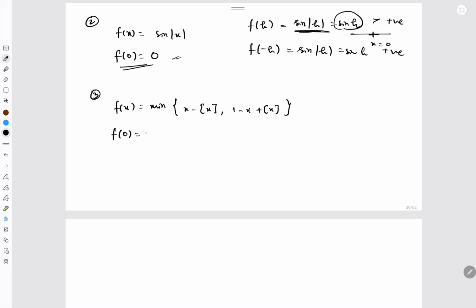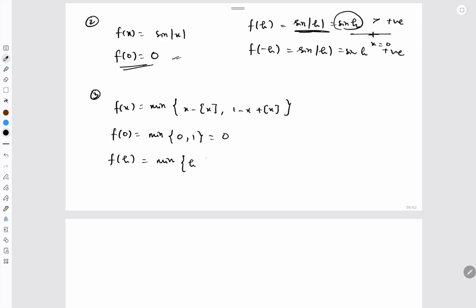Minimum of 0 minus 0 and 1 minus 0, so minimum of 0 and 1, so it is 0, right? Now I have to find f of h. What is h? h is a very small positive value. Minimum of h minus GIF h, 1 minus h plus GIF h. GIF h will be 0, right? Because h is a very small positive value, like 0.001 or something. Its GIF is 0, obviously.